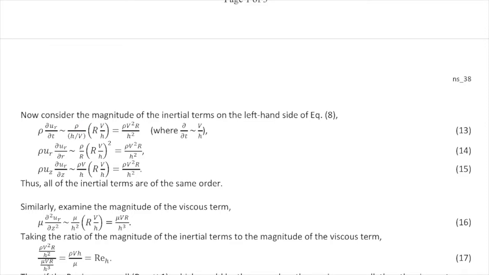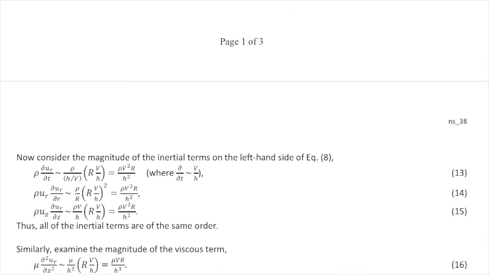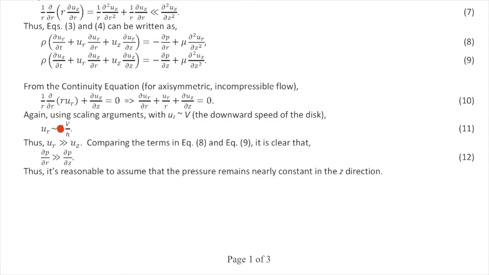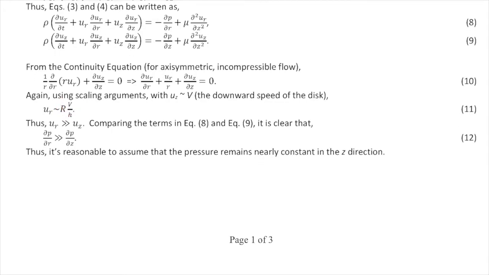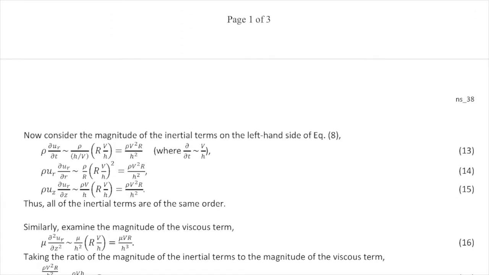So you can see we have a rho times d over dt. That'd be like 1 over, let's make sure I have that right. Yeah, it'd be V over H. And then the U_R we did before from the continuity equation right here, would be R V over H, sorry. So the characteristic size of that would look like this.